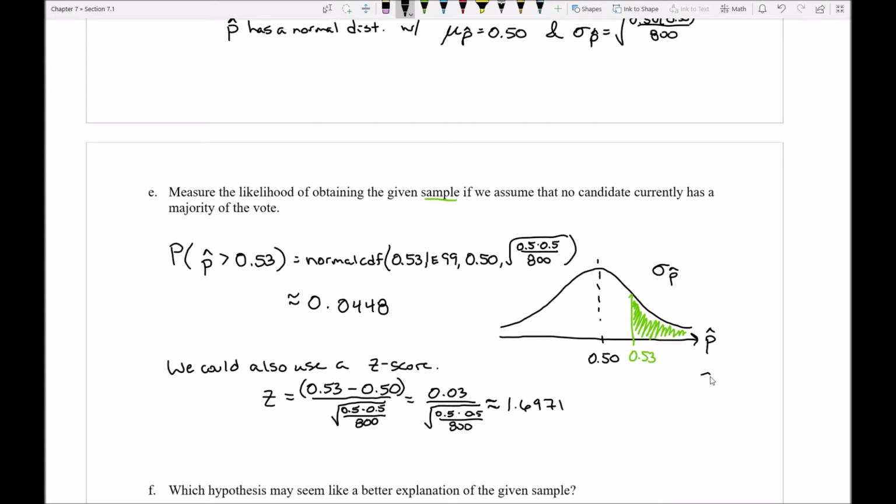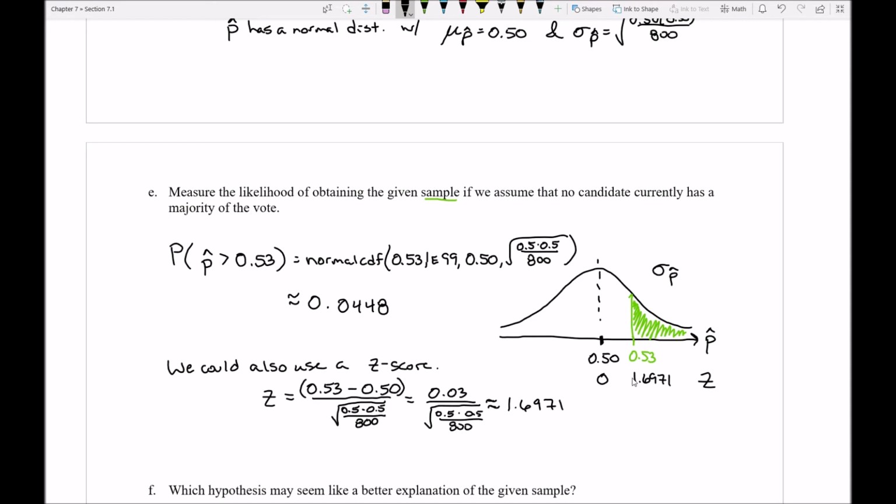So notice underneath these p hat values, I can list out my z-score values. Underneath my green value, I can list my z-score of 1.6971. So this value is about 1.6971 standard deviations above average. I can also state that clearly 0.50 is 0 standard deviations above average because it is the average.